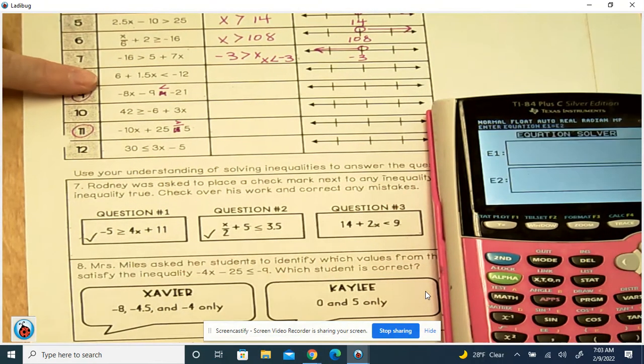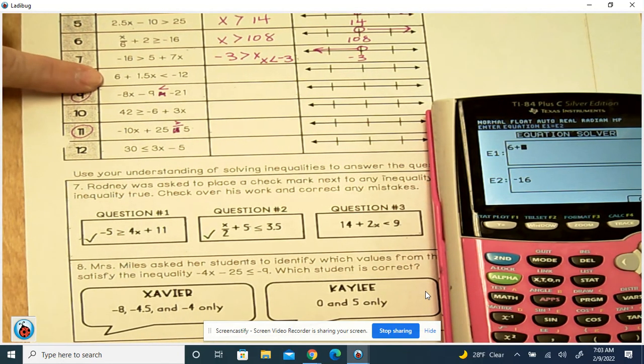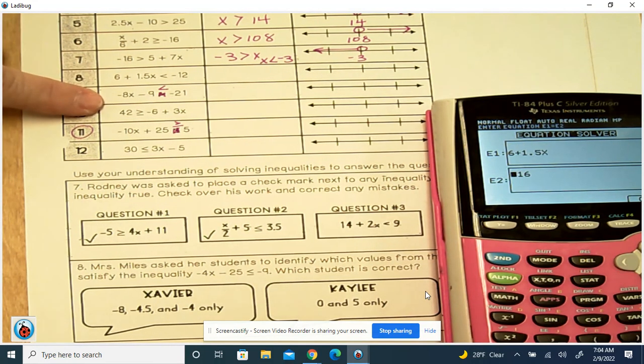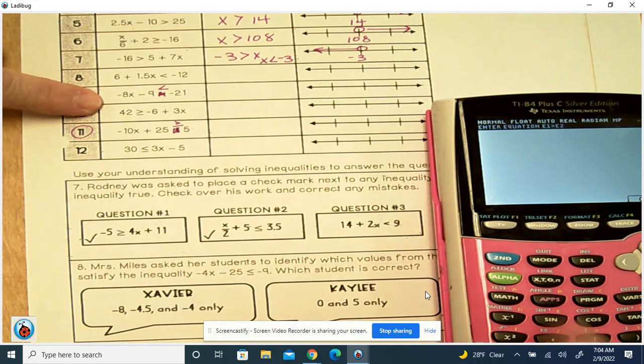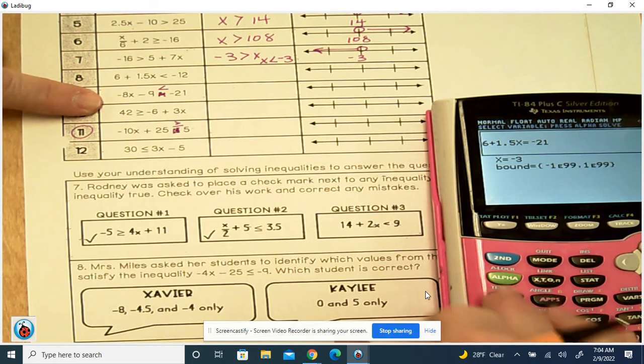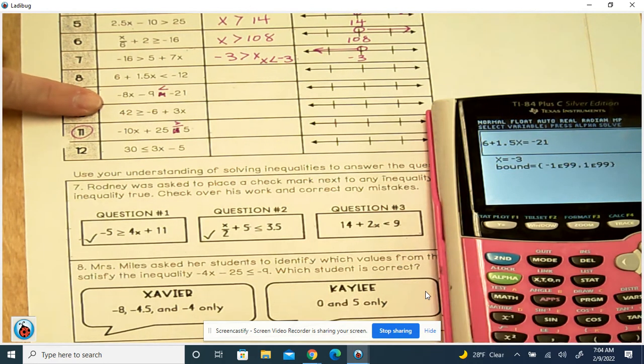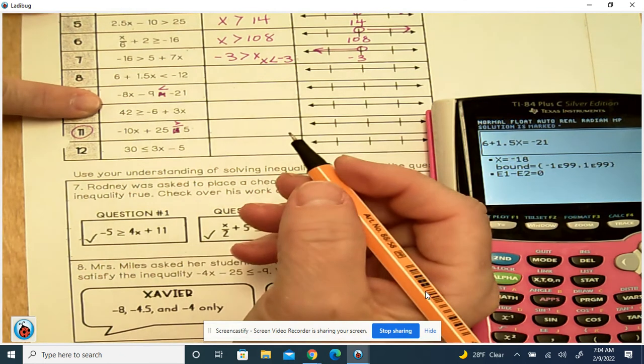All right, then we can go up to the top here and do the next one. We've got 6 plus 1.5x, and then come down and put negative 21, enter, alpha, enter. Got to make sure the A is showing there. There it goes. Hit enter, and we get a negative 18.